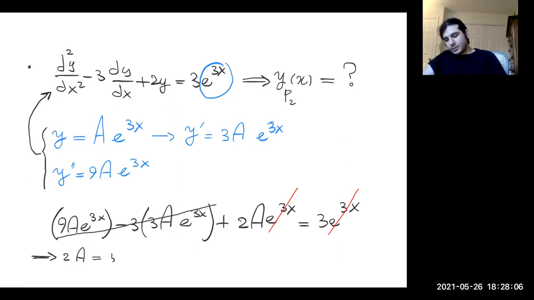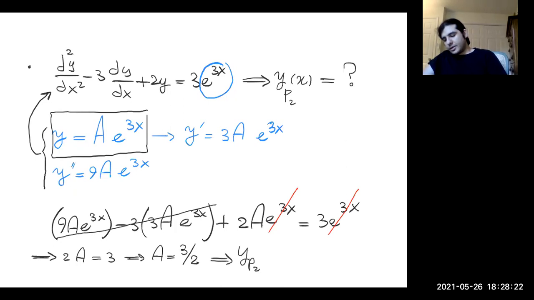So 2a is equal to 3. Therefore, a is equal to 3/2. Now that gives us our answer. Here we assumed y is equal to a times e to the 3x. Now that shows us this particular solution is equal to 3/2 e to the 3x.